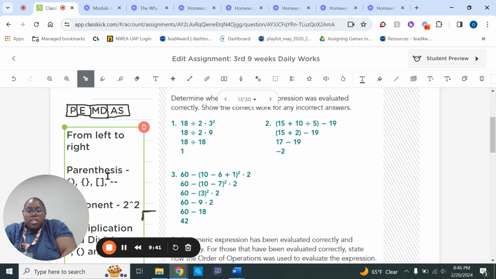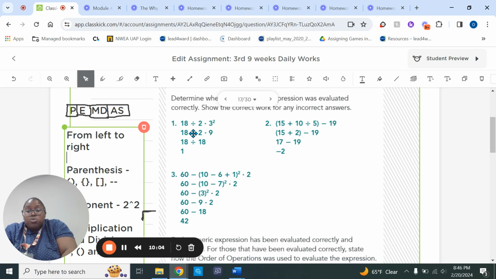I wish I had a good example, but this is a good example. So here we have division and then we have multiplication. When I read this, the first thing I read is division, then multiplication. I'm going to divide when I get to that part, because there is something else that comes before division in this problem.